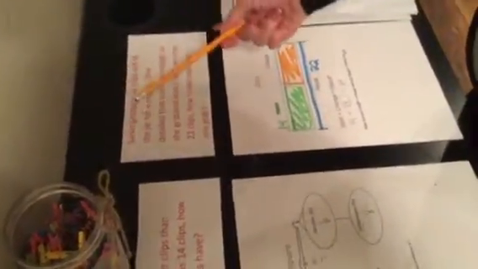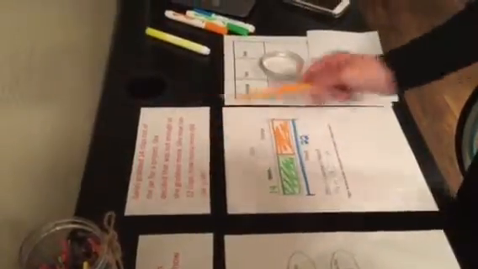So when we evaluate this problem, we know that the information given is what Sarah initially had, which was 14 clips. But then she decided that was not enough, so she grabbed more. In this problem, there was a change, so we're going to take that information. So the initial or the start was the 14 clips, and then we have the result, which is she ended up with 22 clips.